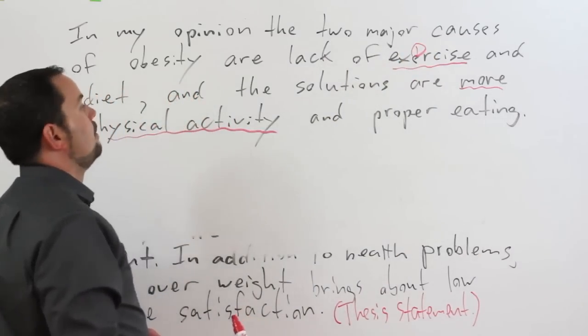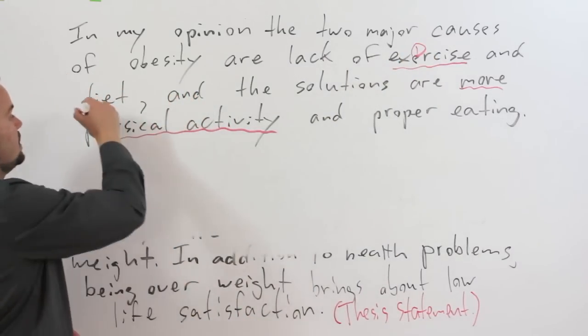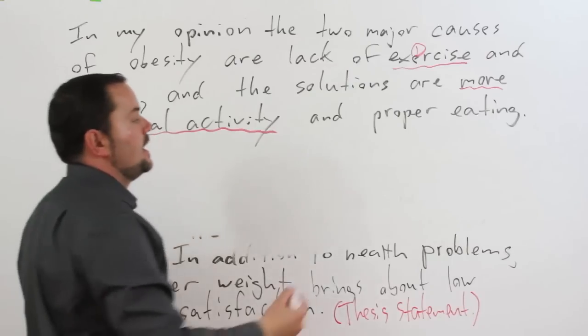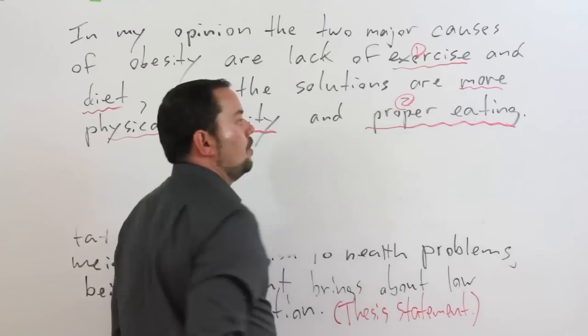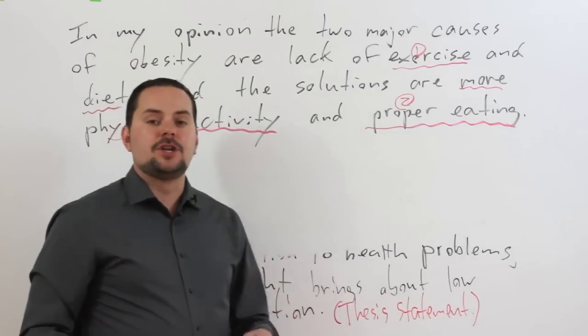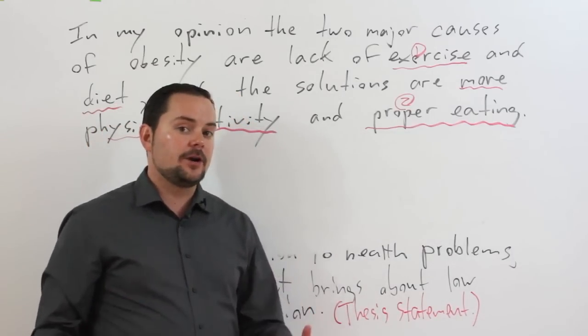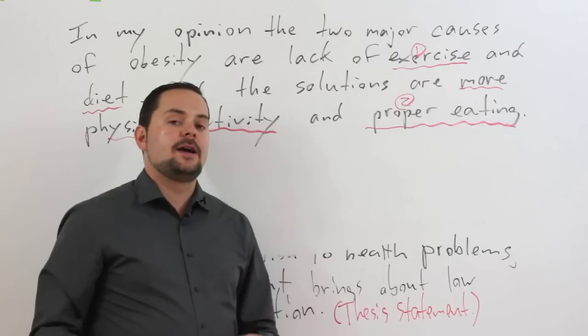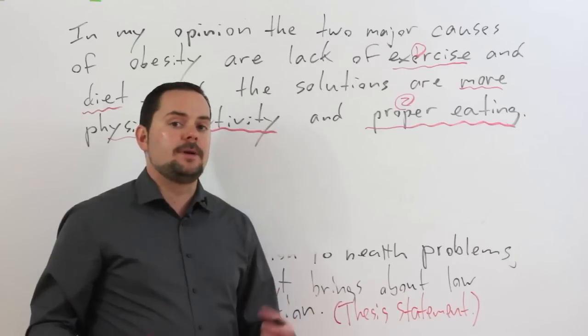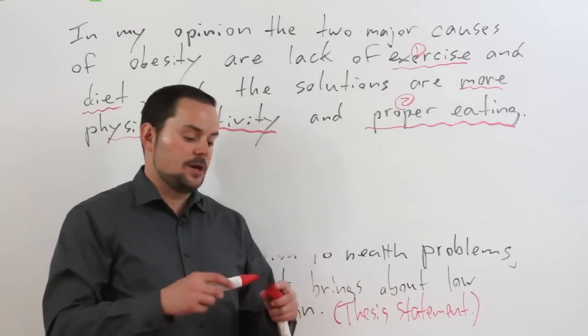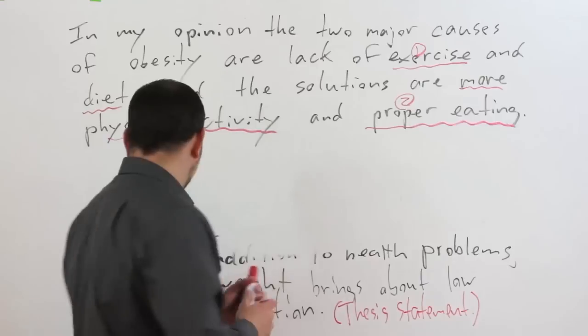And then in body 2, I'm going to discuss diet, and then as a solution, proper eating. So that finishes the introductory paragraph. Now I have a very clear direction, and I'm ready to continue on with body paragraph 1. So let's write that.